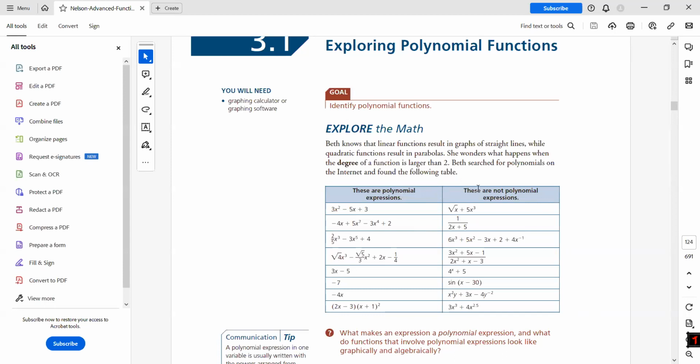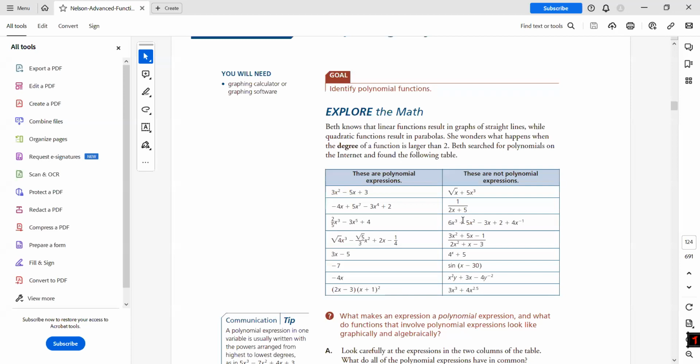So basically, polynomial functions occur when the degree of the exponent in this function, for example x squared, grows from 2 to 3 to 4, or more than 2. Whenever this degree is greater than 2, your function becomes part of the polynomial functions.